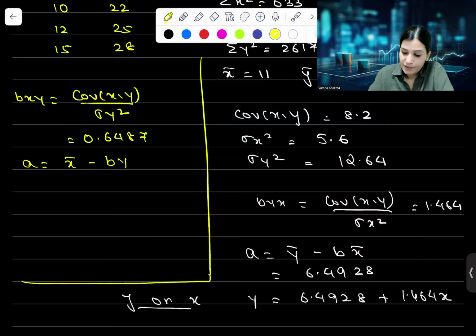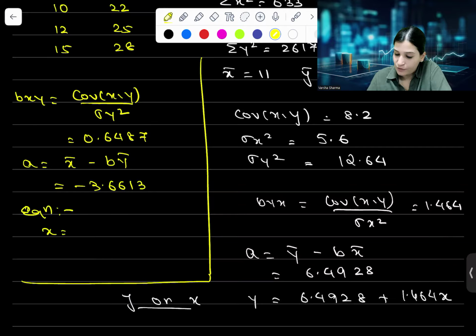Then a is x bar minus b y bar: minus 3.6613. So the equation will be x equals a plus by.